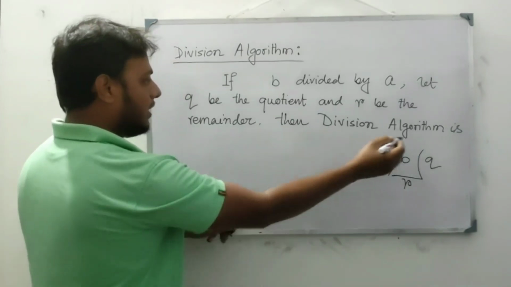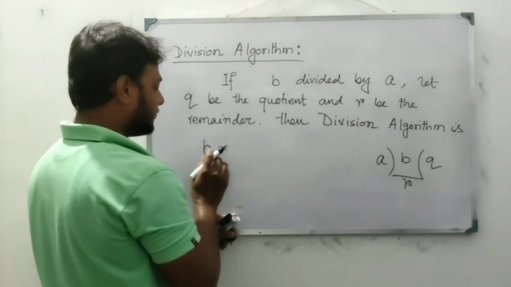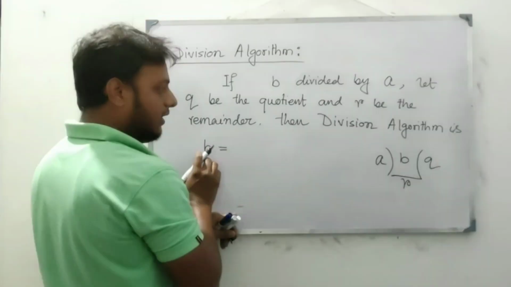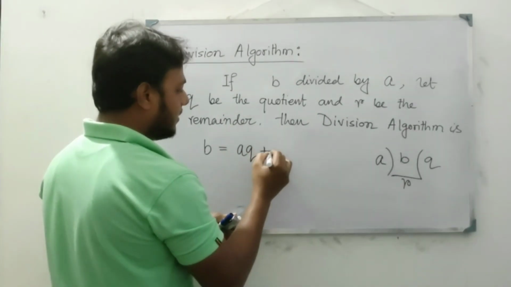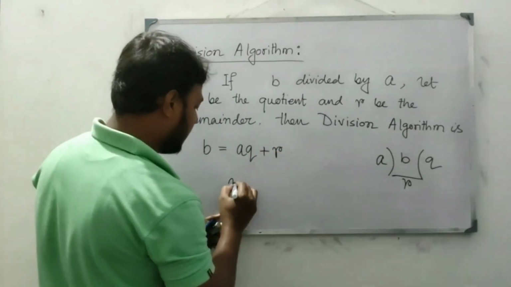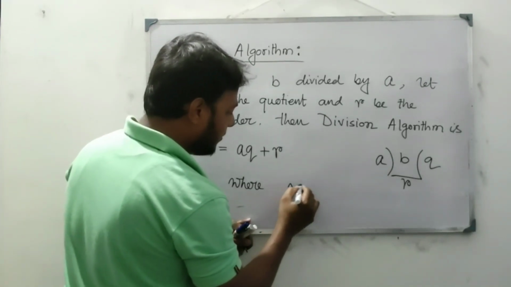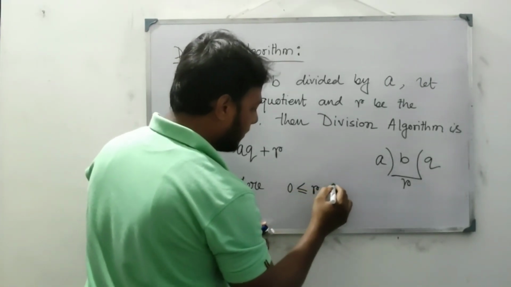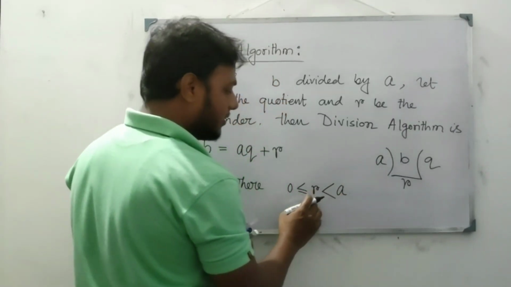Then the division algorithm is B equals to, that means dividend equals divisor into quotient plus remainder, where now we have to write about R. R is 0 less than or equals to R less than A, and R must be an integer.